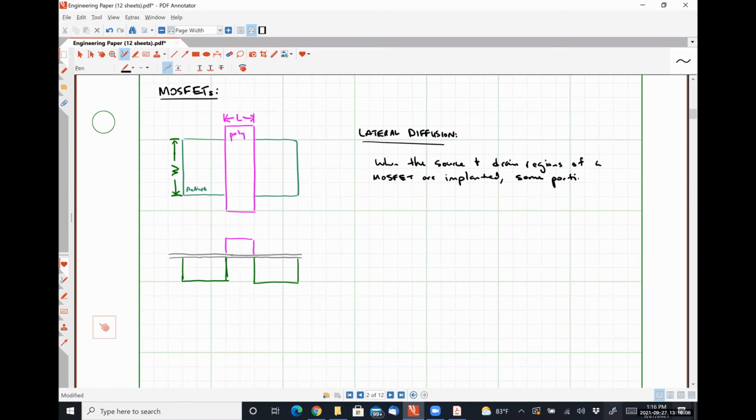some portion of the implant dose laterally diffuses underneath the gate poly.